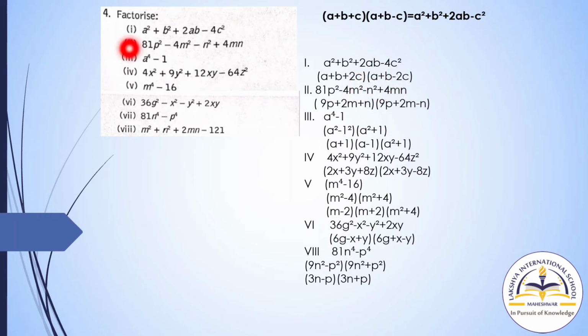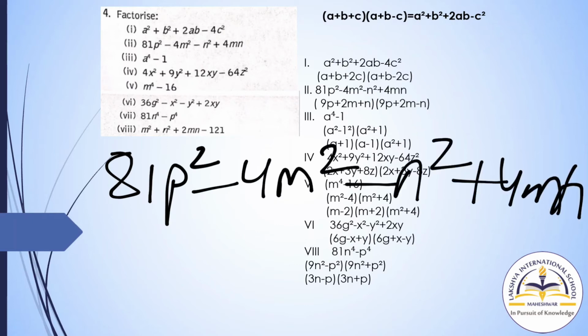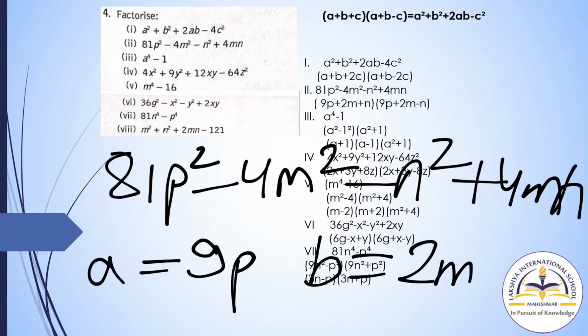Now question number second, 81p square minus 4m square minus n square plus 4mn. Now again, 81p square minus 4m square minus n square plus 4mn. Now here a equals 9p, b equals 2m and c equals n.